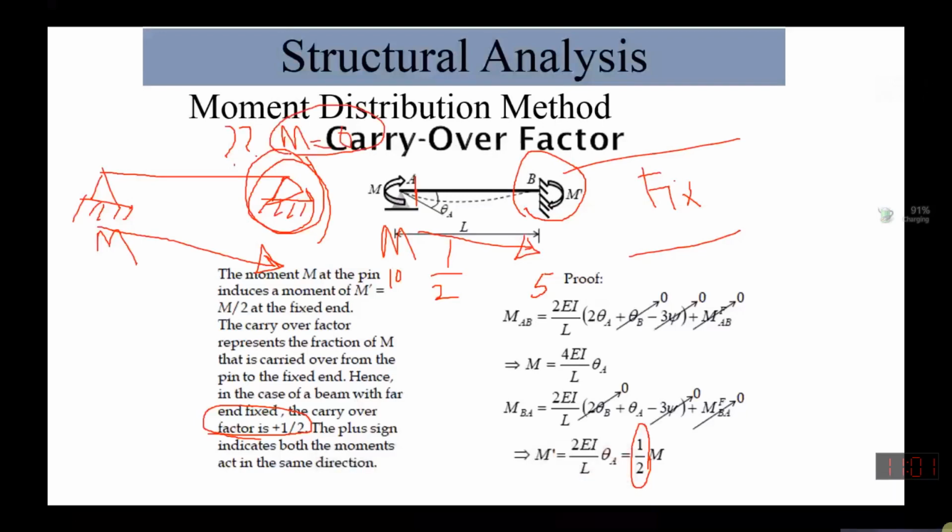Once the moment is 0, we cannot carry the moment to that particular support. So in this case, our carryover factor will also be equal to 0. We cannot transfer the moment from one end to the hinge. But if we have a fixed end, we can carry half of the moment to the other part. Is it clear or not?